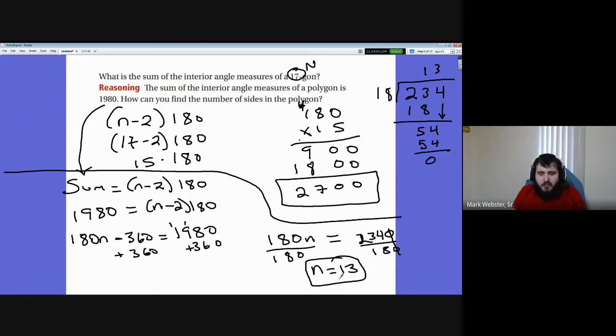So the answer to part B is that if the angle sum is 1,980, it better have 13 sides. And you can double check that that works by doing it back in, right? 13 minus 2, which is 11, times 180, does give you 1,980, right? So that's all we're talking about there.